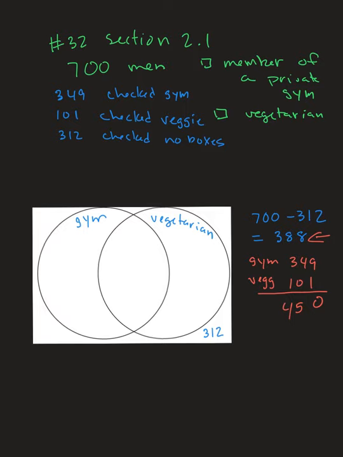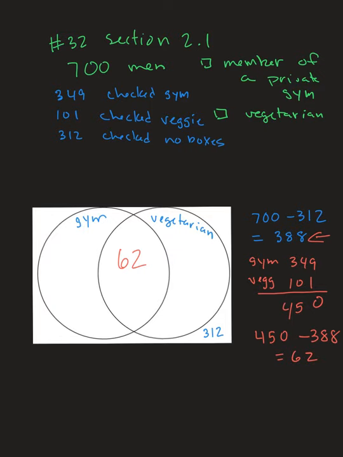So if I subtract, I am going to do 450 minus 388, right? And when you do 450 minus 388, you're going to get 62. And those are the people in the middle. So 62 people go in the middle.